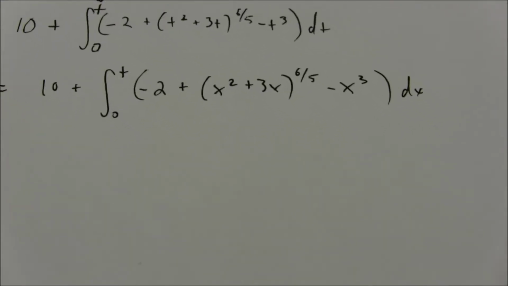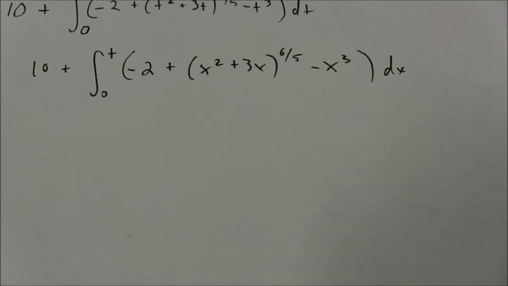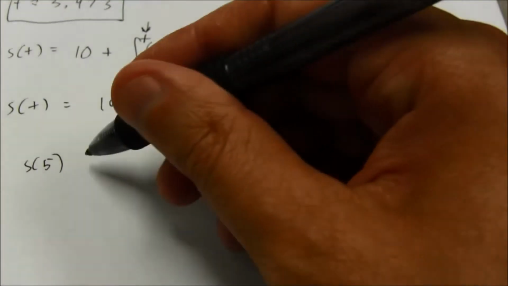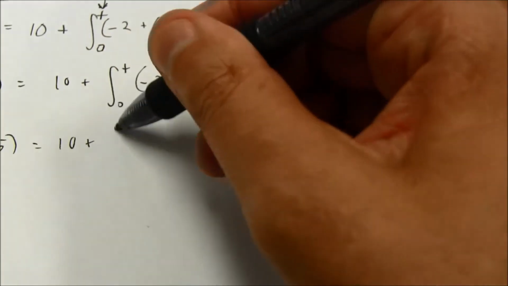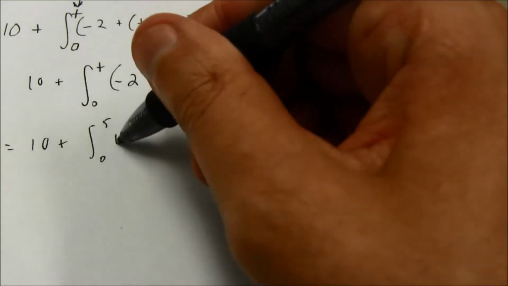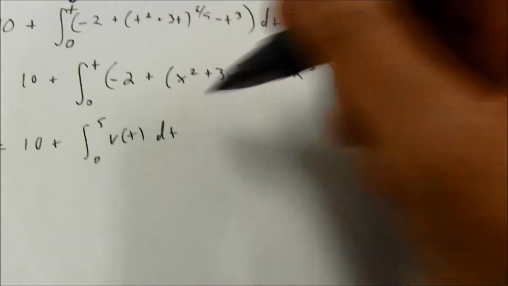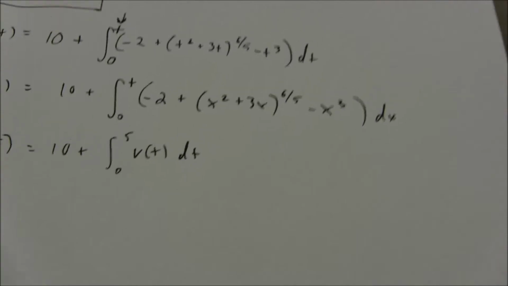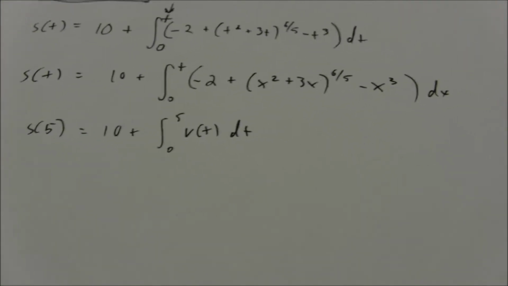In this case, they want me to find the position of the particle at time t equals 5. So s of 5, basically just fill in 5 there. It's going to be 10 plus the integral from 0 to 5 of my function. Anyway, I'll go ahead and type that into my calculator.